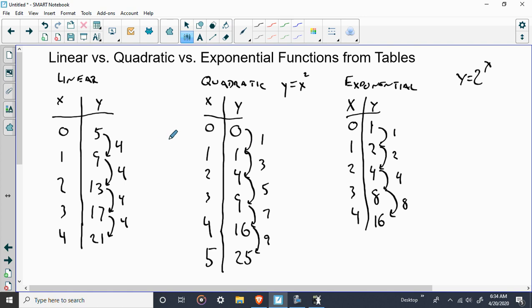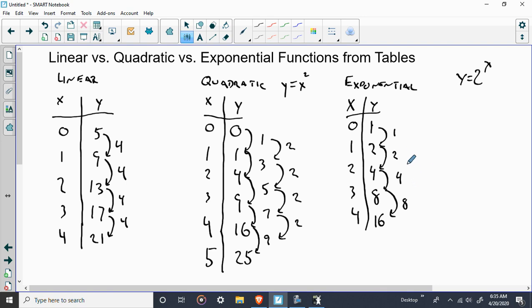But the big thing is that we want to be able to tell these from a table. So if it's linear, it's going to have this constant change. I will say this, though, if it's quadratic, the second set of numbers will have a constant change. How do I get from each level to each level? It's 2. Okay? And these don't have that.